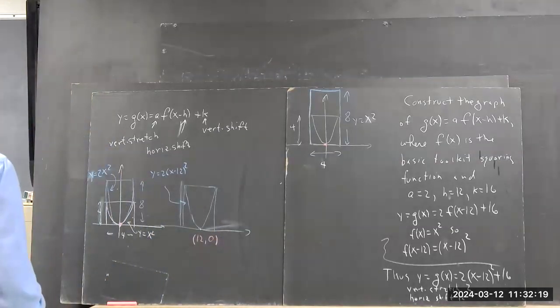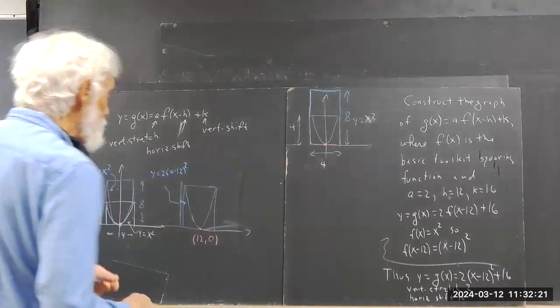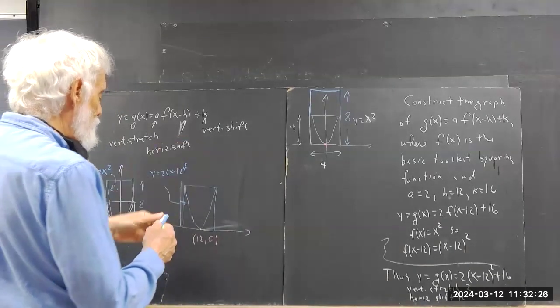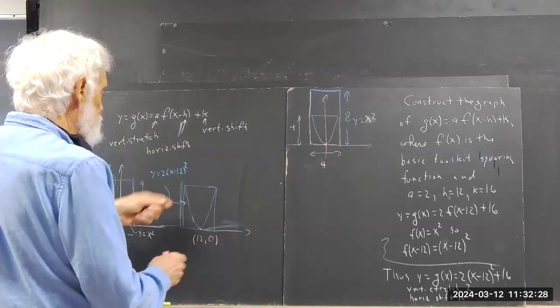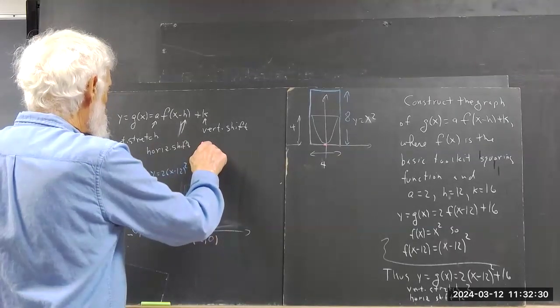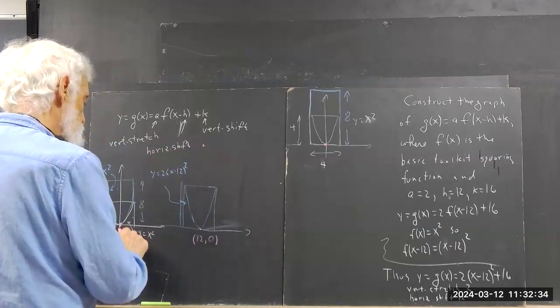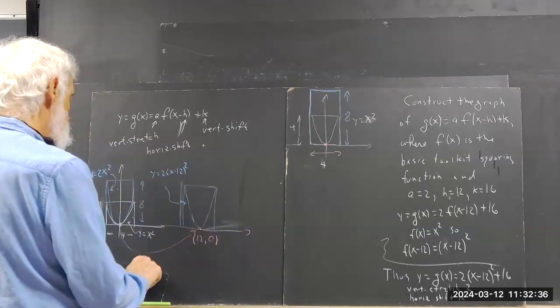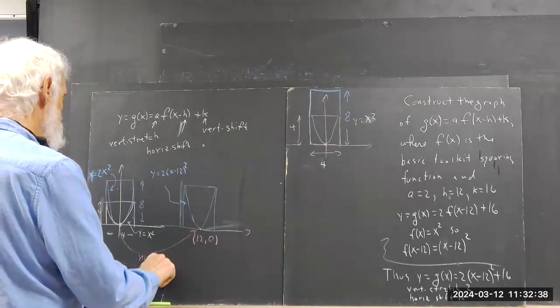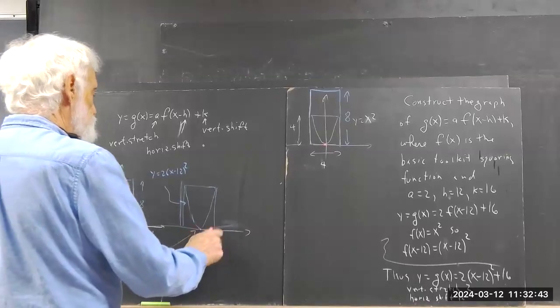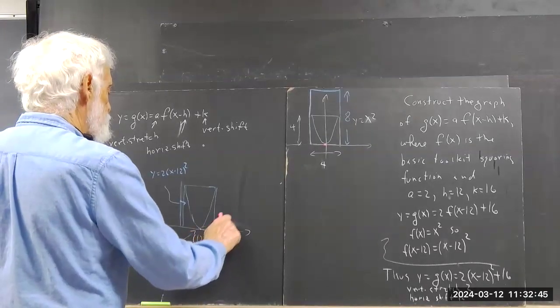Now finally, we move the thing up 16 units. Well, there's 8 more. And that's going to put the red dot 16 units up, about here. So we first move over 12 units, and then we move up.